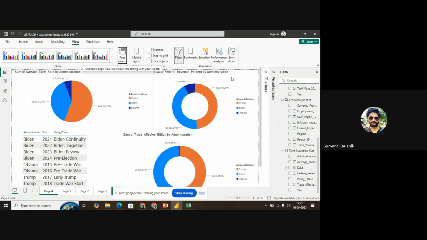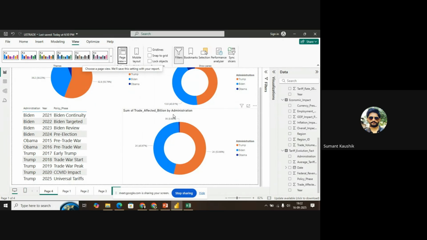In the upper right, we have the sum of federal revenue percent by administration. And in the last, we have the sum of trade affected by the administration. Specifically, we are talking about three administrations: Trump, Biden, Obama. Though the years were different, because everyone except Biden repeated twice, there were different phases for each administration.